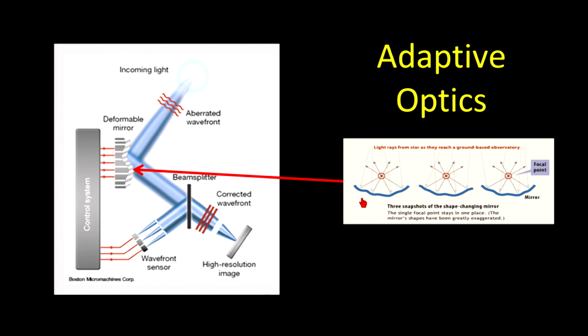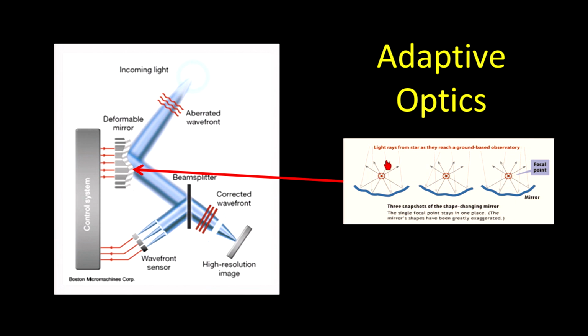And there's actuators that are attached to the bottom of the mirror, and these actuators will push and pull various parts of the mirror. And as they push and pull the different parts of the mirror, they deform the mirror shape. Now the idea is to deform the mirror so that it is the proper shape to take the light that is coming in distorted and force the light to come to a perfect focus.